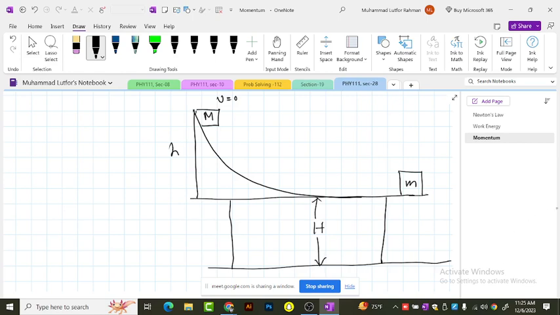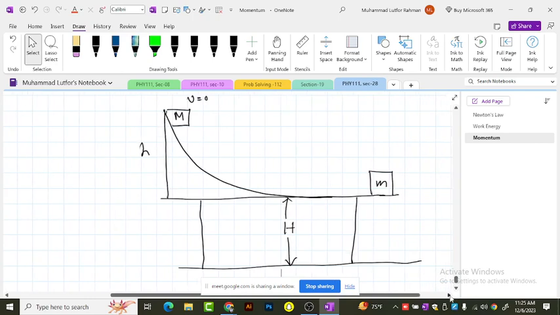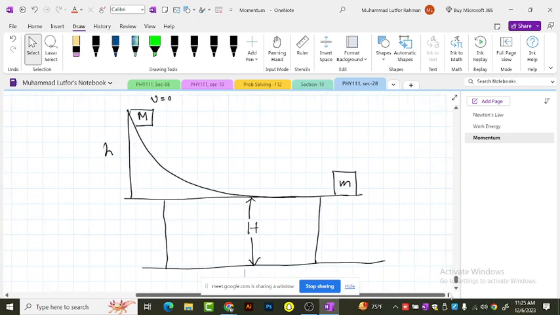What happens when you release this curvature track, the frictionless one? If you release that system, this one will slide down over here, and they will make a collision over here, right?